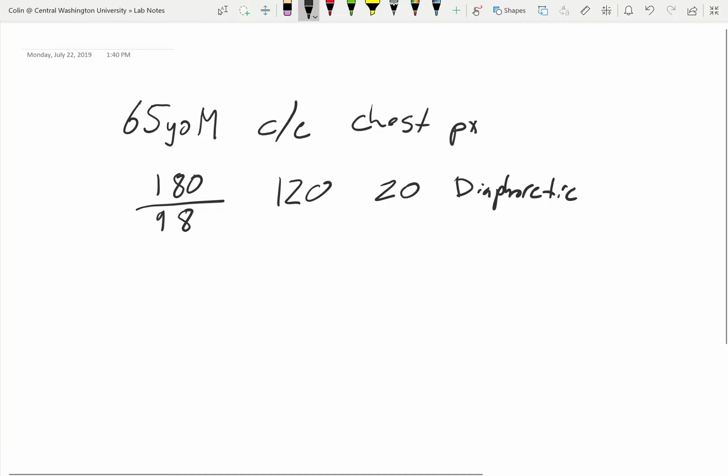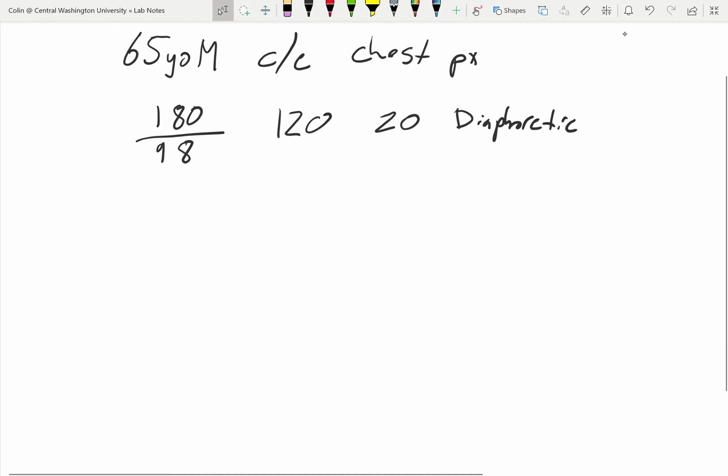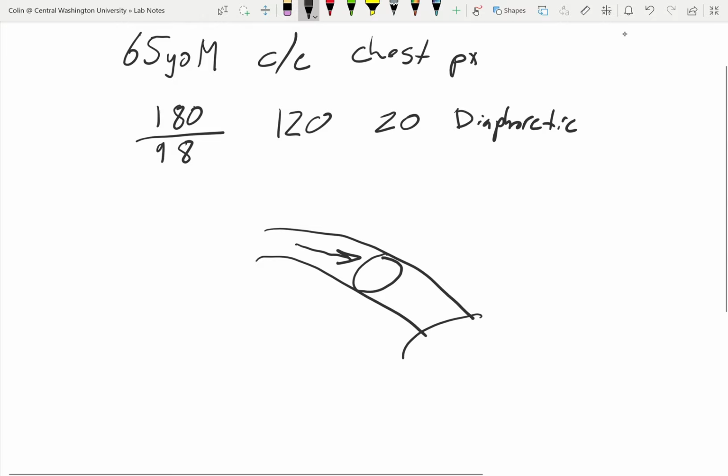So when we have a blockage in the blood vessel, here, and there's no more blood flow, the blood flow stops right here, and the heart tissue itself isn't getting any oxygen, then it starts to die.